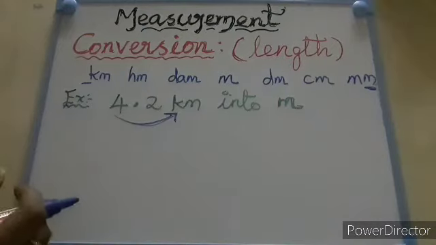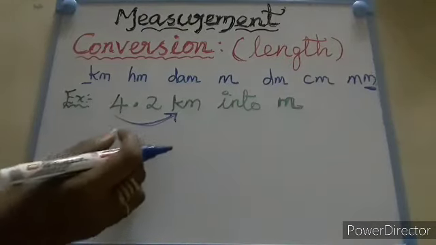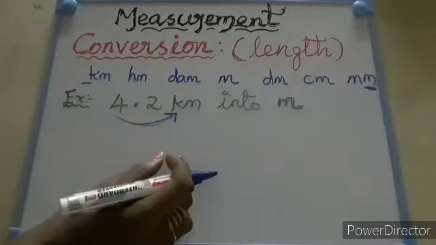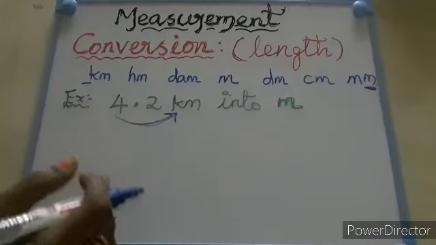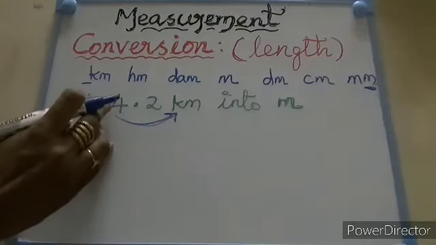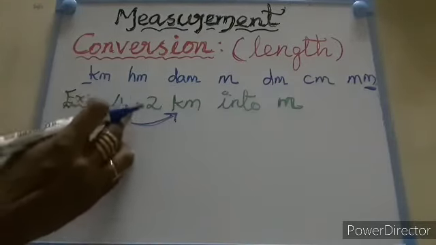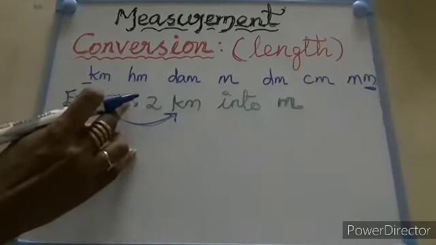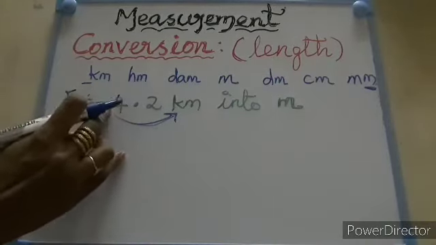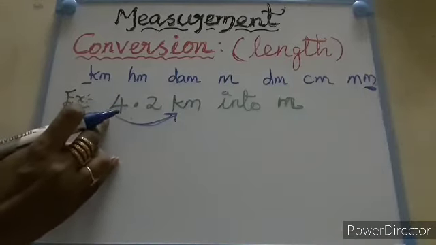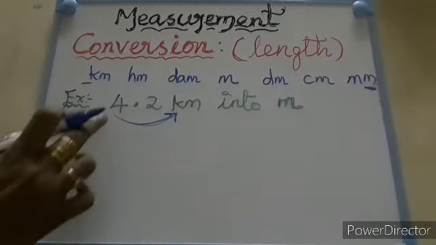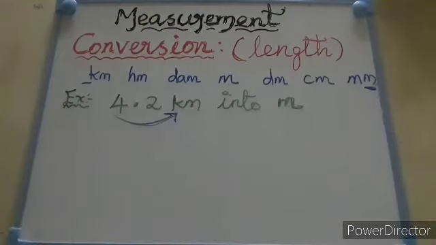In previous examples I told you the number present belongs to the nearest unit, but if a number has a point, the number before the point belongs to the unit. Understood? So 4 belongs to kilometer.